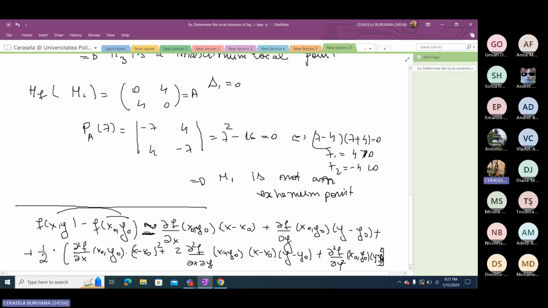But if, when I compute this Taylor polynomial, I get an expression that doesn't keep the sign, what does it mean? That sometimes it has positive values, sometimes negative values. So can x0, y0 still be an extremum point if the expression doesn't keep the sign? What do you think?